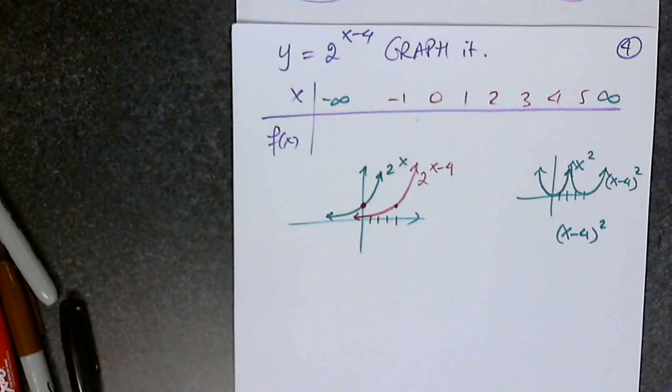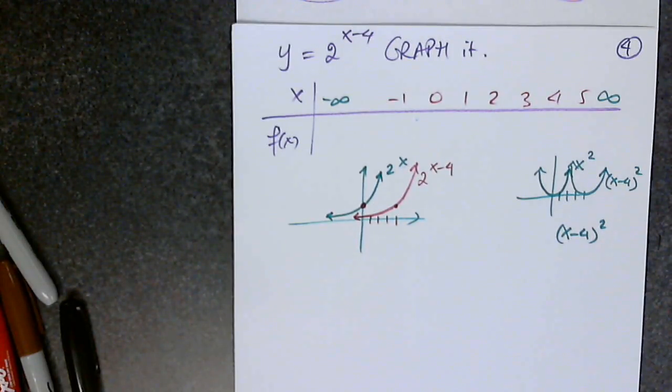And see what happens. Yes, I can use the graphing calculator and put in the function. Sorry, I did something else with my students here, so I have to change this back to function. Okay, so let's go to y equals and put this function in. 2 caret, please put parentheses, x minus 4.